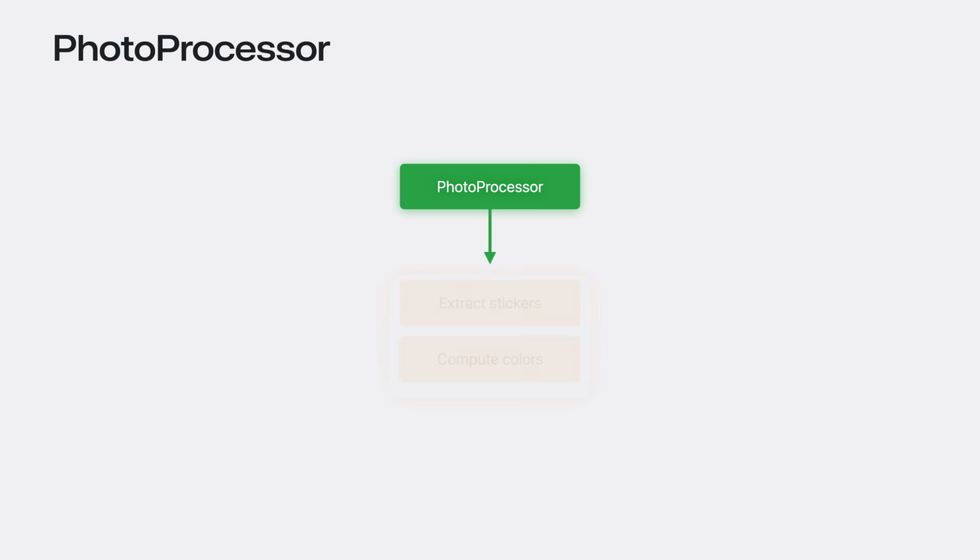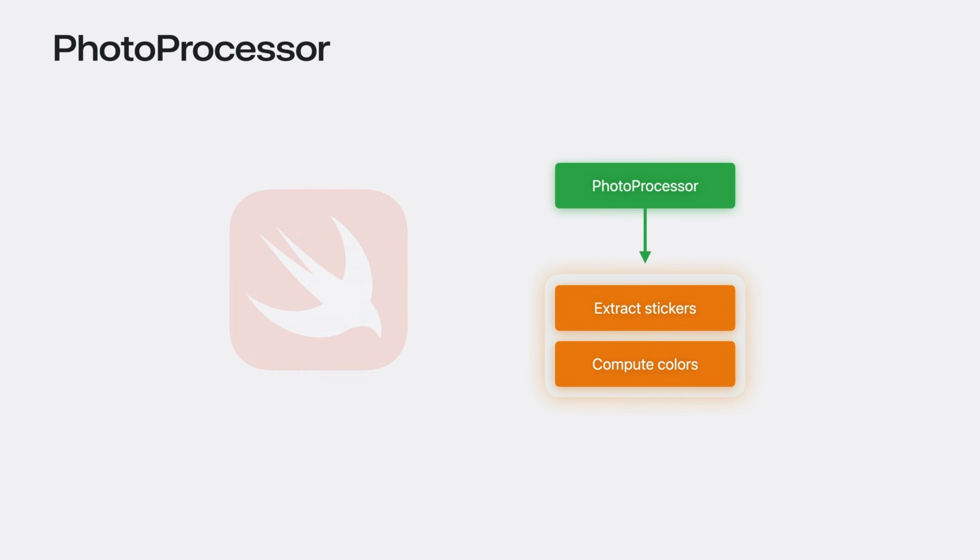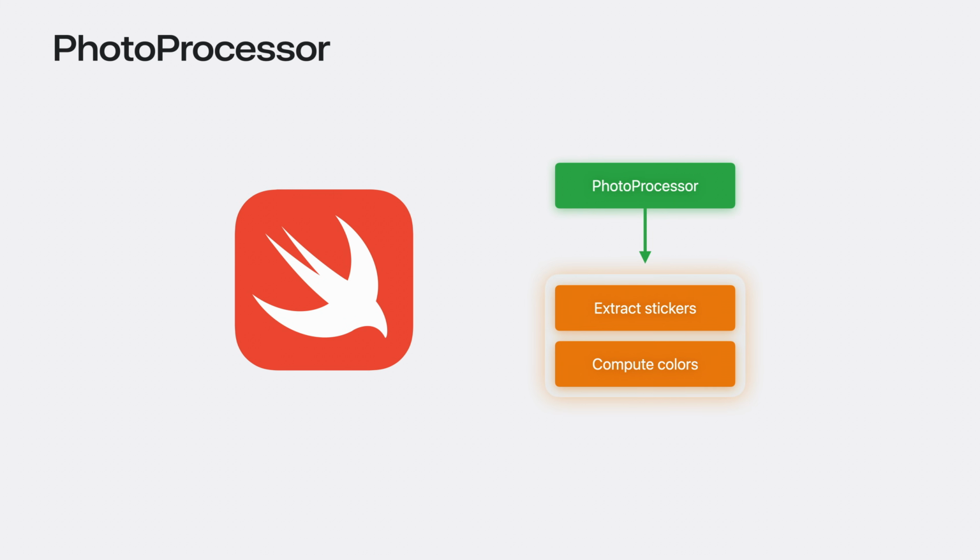The photo processor type performs two expensive operations: the sticker extraction and the dominant colors computation. Let's see how Swift concurrency features can help us optimize for a smooth user experience while still letting the device perform these expensive tasks. I'm going to start with the sticker carousel view.